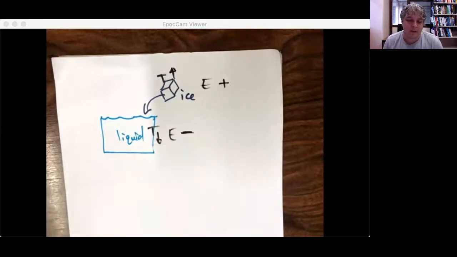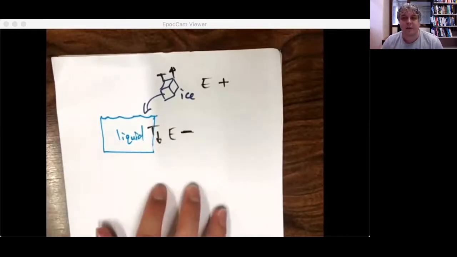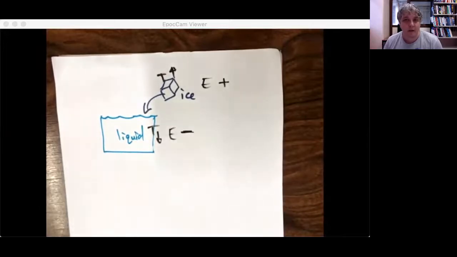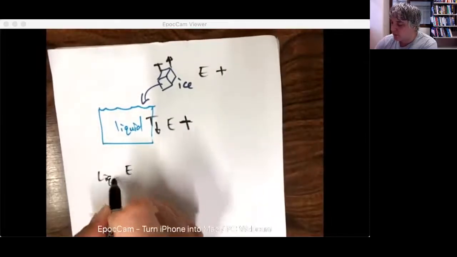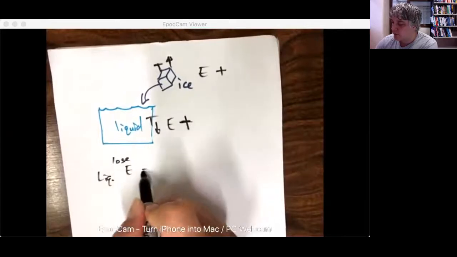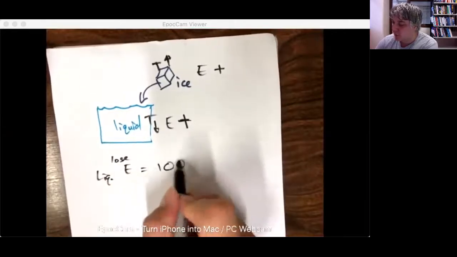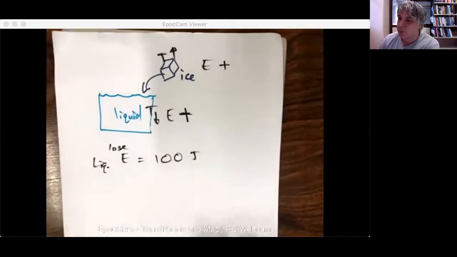My point is that this doesn't really matter too much. The plus or minus doesn't really matter. The thing to be aware of and confident in is knowing which way that energy is going. So it doesn't matter if you call this positive. You might say the liquid loses an energy of 100 joules. It won't be 100, but I'm just using an example.